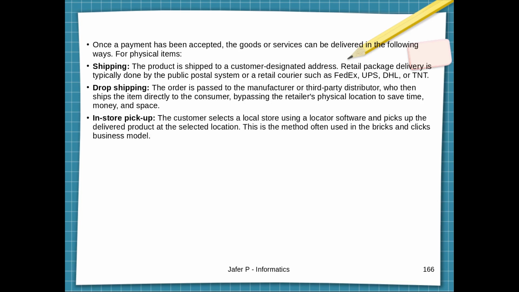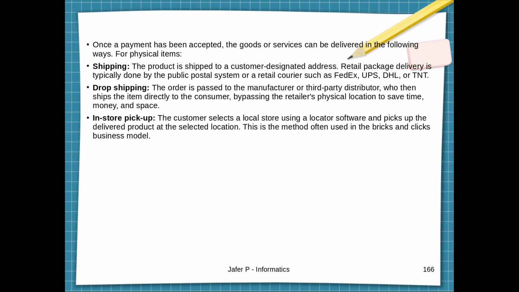Then in-store pickup. The customer selects a local store using locator software and picks up the delivered product at the selected location. This method is often used in the bricks and clicks business model. So in this case, you can select the in-store pickup location, the location where you can go and pick up the product.